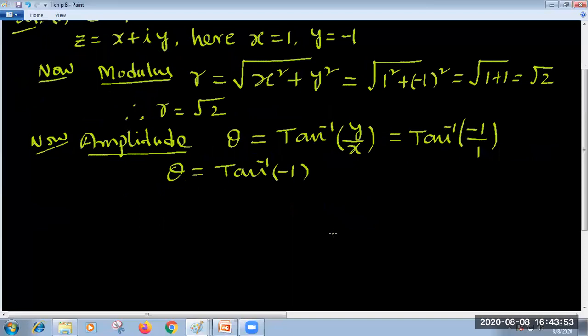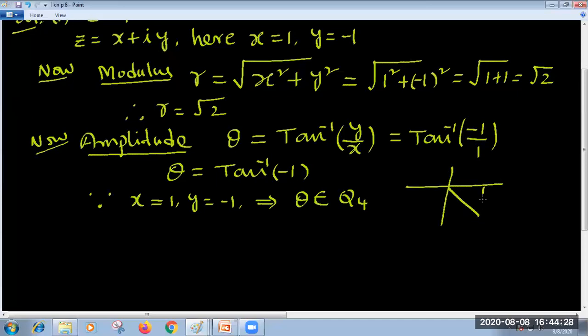Now let us remember x is 1, y is -1. In this case, since x is 1 and y is -1, it implies this point belongs to the fourth quadrant. Here theta belongs to the fourth quadrant. Now we have to find the angle in the fourth quadrant.